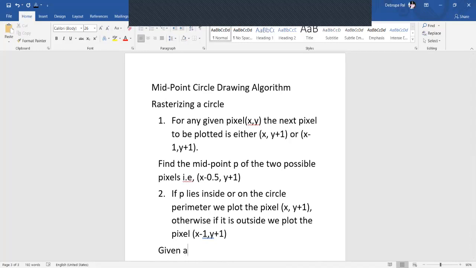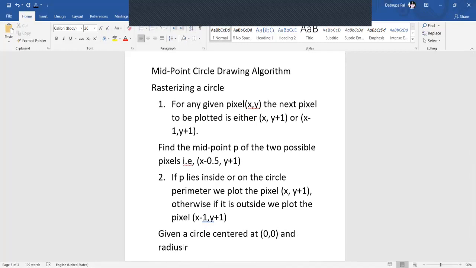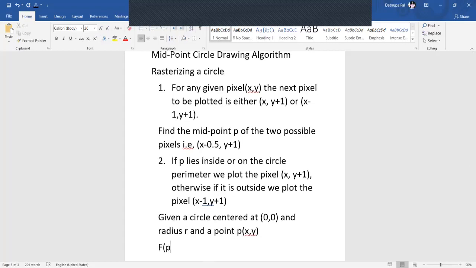Given a circle centered at 0, 0 and radius r and a point P(x, y), f of P is equal to x squared plus y squared minus r squared. So this is the boundary condition.